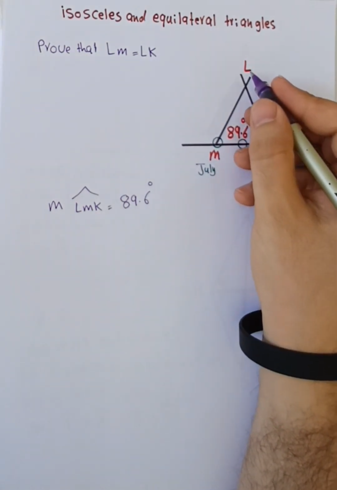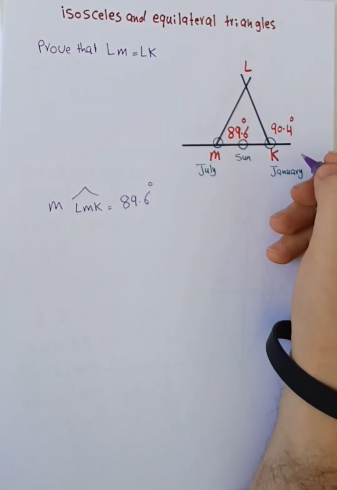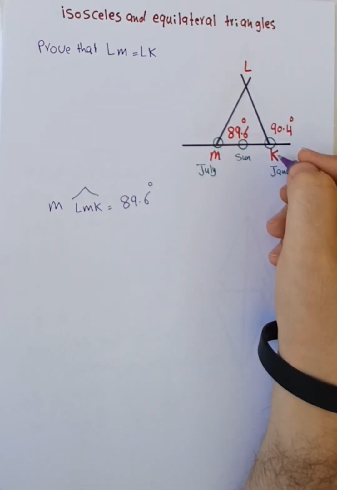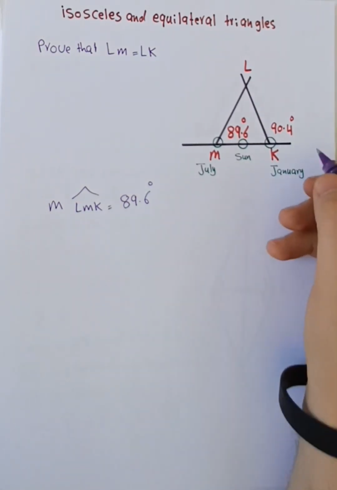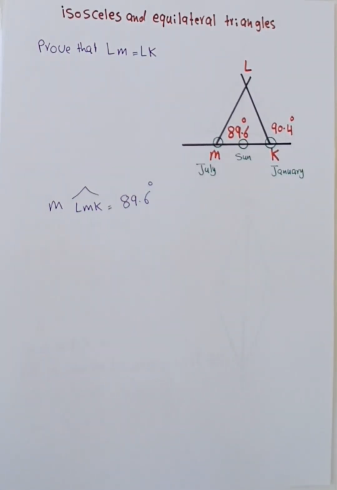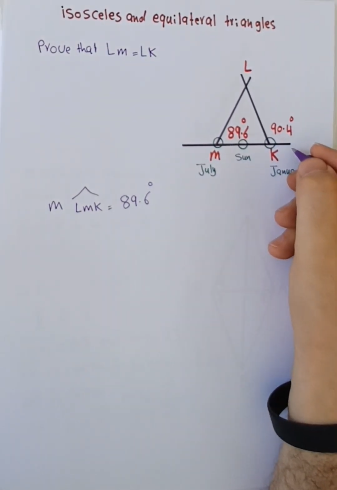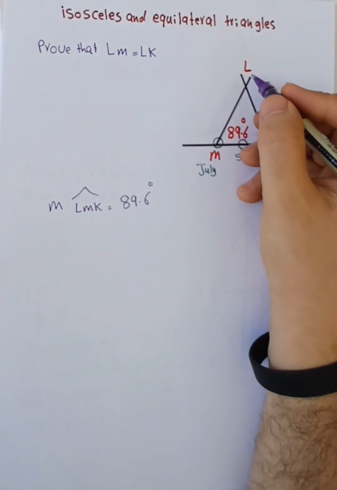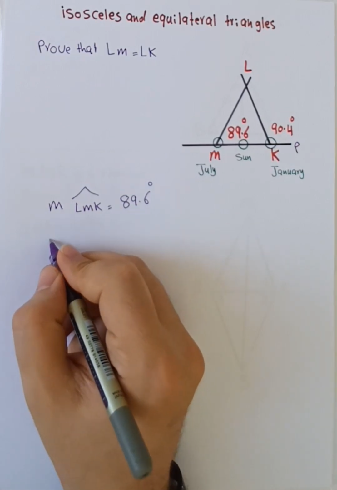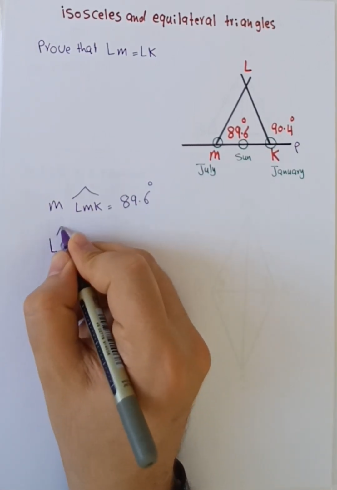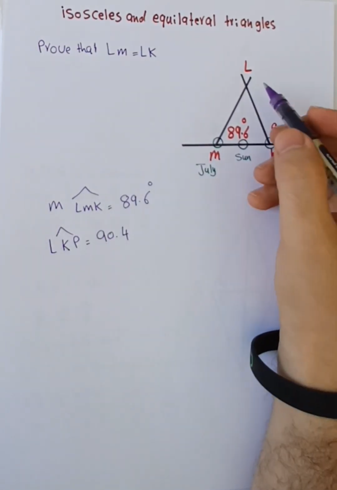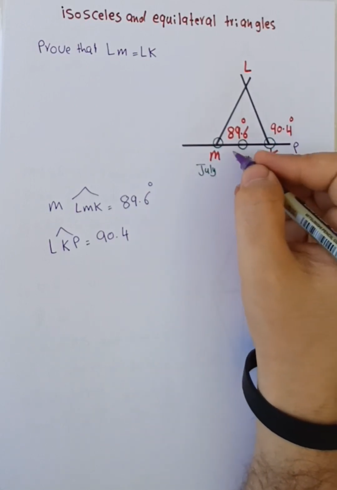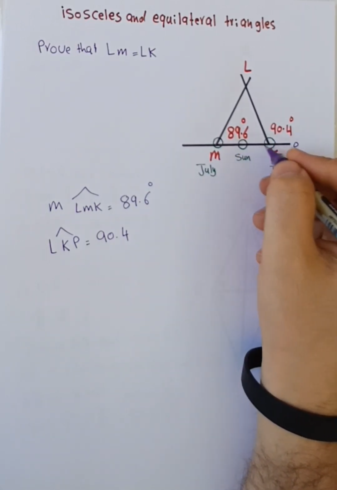So for example, we have to write a point here like P. So the measure of angle LKP equals 90.4. For finding the measure of angle LKM, this is a straight line.